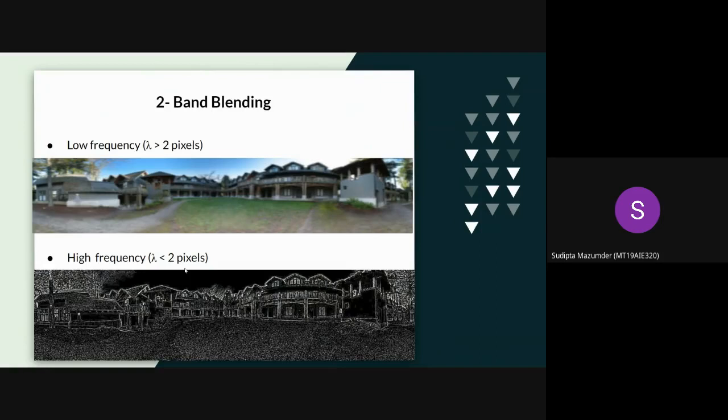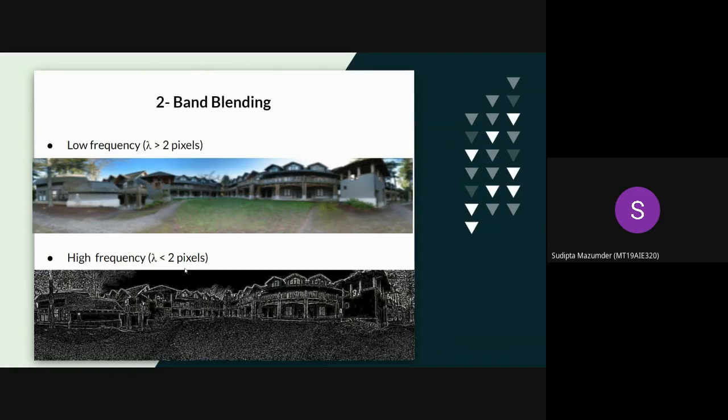So basically, this will prevent blurring, and we use the low frequency and high frequency concept. If we have an image which has spatial frequencies with wavelength greater than 2 pixels, then we consider it as low frequency. And if the spatial frequency wavelength is less than 2 pixels, then it becomes high frequency.